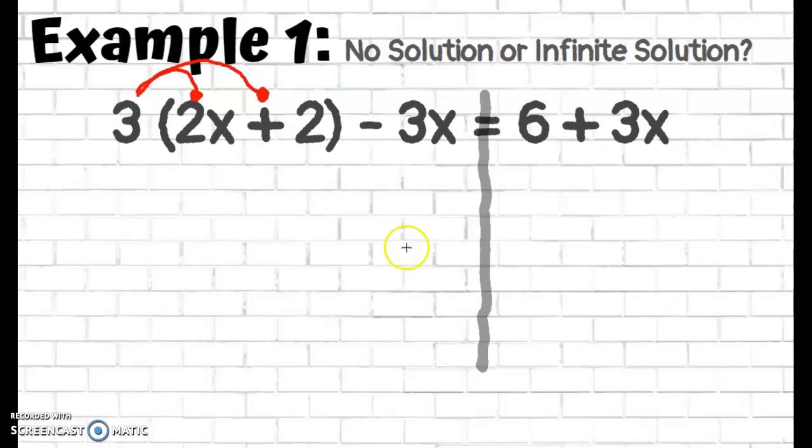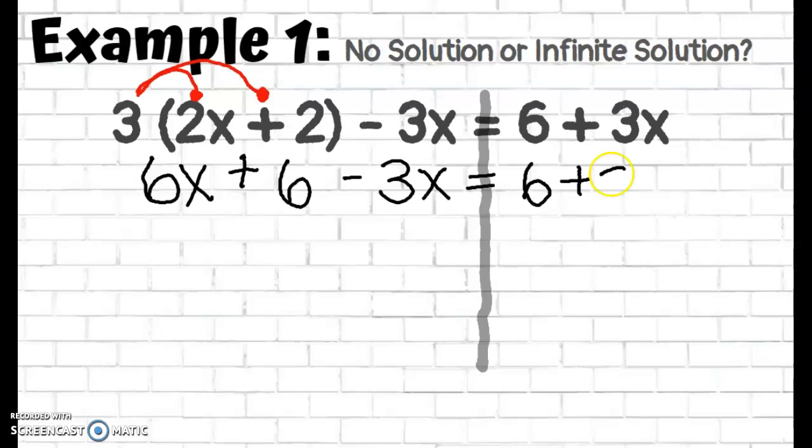So 3 times 2x is equal to 6x. And positive 3 times positive 2 is equal to positive 6. And then I'm just going to bring everything else down. All right, so now let's take a look at our variable terms and our constant terms.